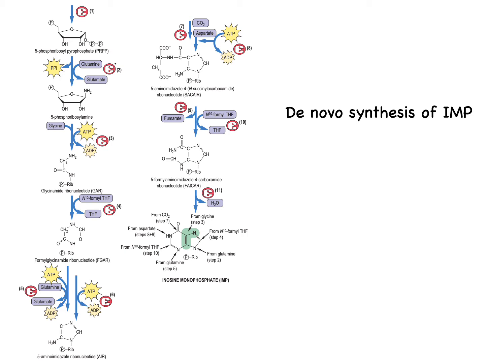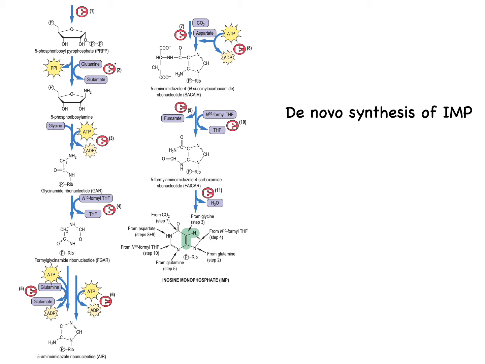And so the first step is to transfer the amino group from glutamine to that carbon on the ribose, eliminating the pyrophosphate, the two phosphates, and producing glutamate. So this is obviously a step that takes some energy. The next step also requires ATP, and now glycine is added to the amino group that was added in the previous step.